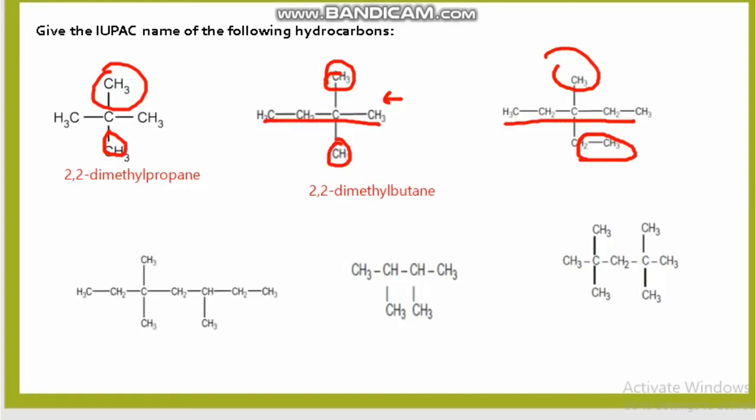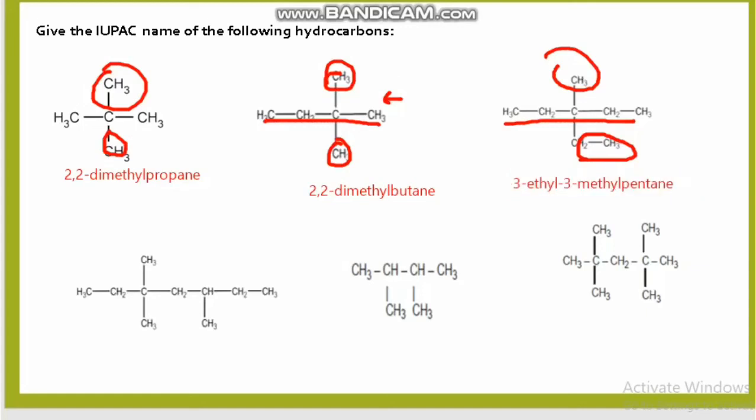We always begin with ethyl before methyl. Now, in either way you number, it's going to give number 3. So we're going to start with ethyl, 3-ethyl. Then we're going to talk about methyl. It's connected to the third. So it's 3-methylpentane.